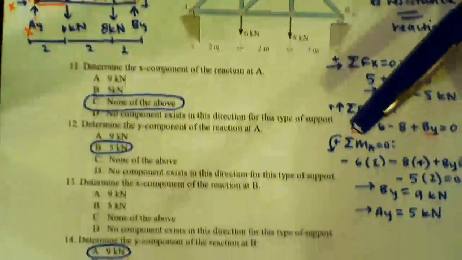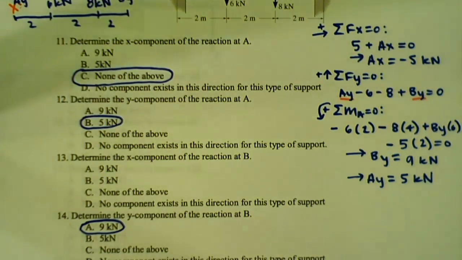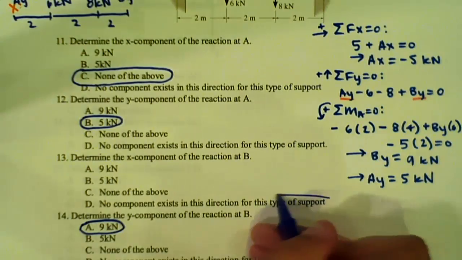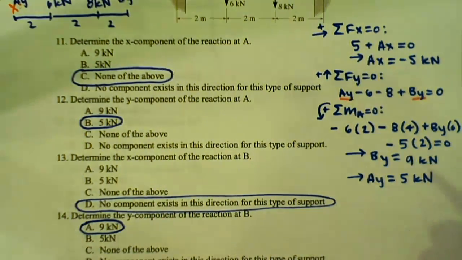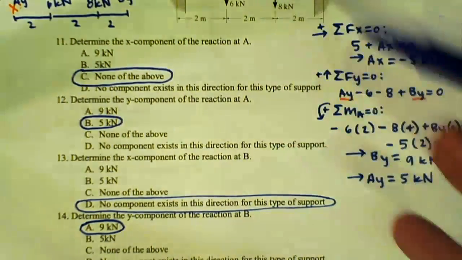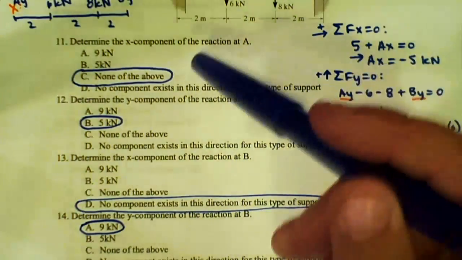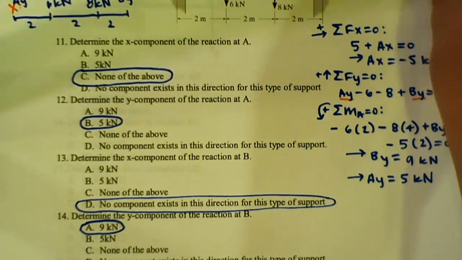In this case, since B is free to move in the x direction, there is no x component. So the correct answer would be D: no component exists in this direction for this type of support. But for A, which we found to be a pin support, it does exist. Everyone good?